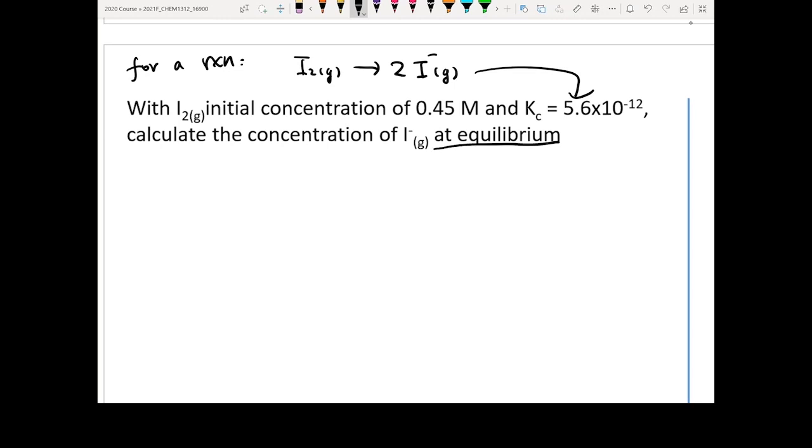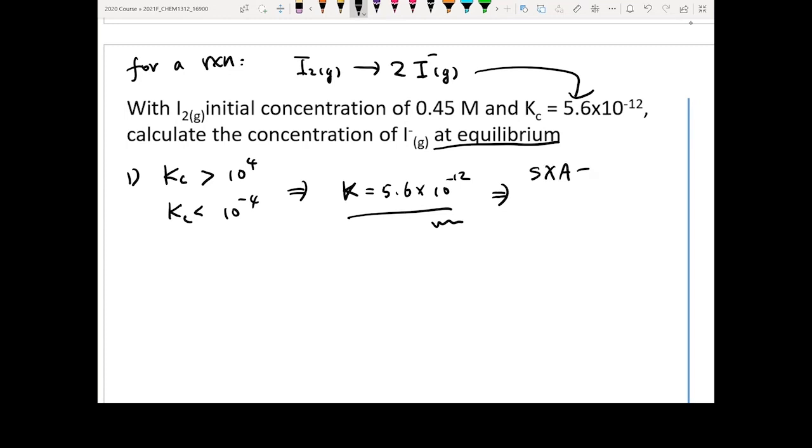So we are going to go through this step by step. Step number 1, we want to determine whether we can use small x approximation. Can we use it? What is the criteria? You want to have Kc either larger than 10 to the 4th or smaller than 10 to the negative 4th. So right now you know your K is 5.6 times 10 to the negative 12.